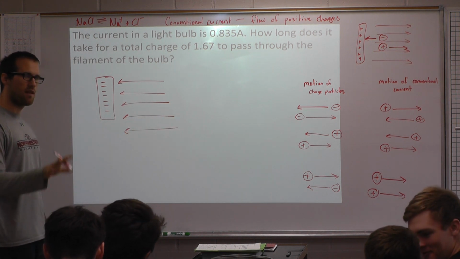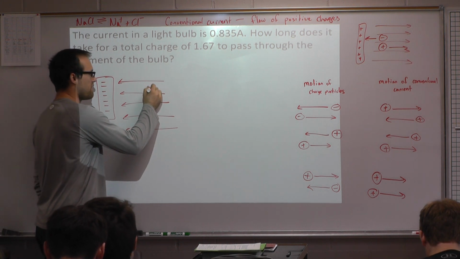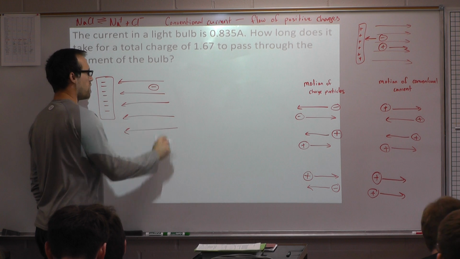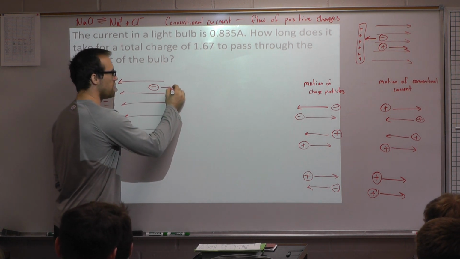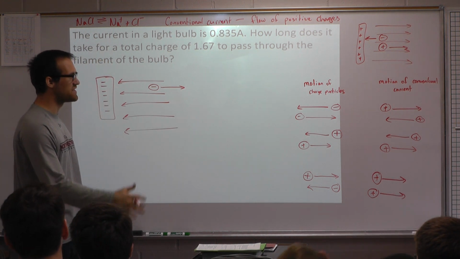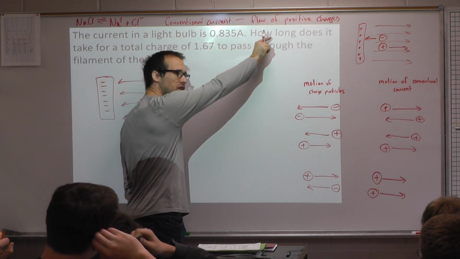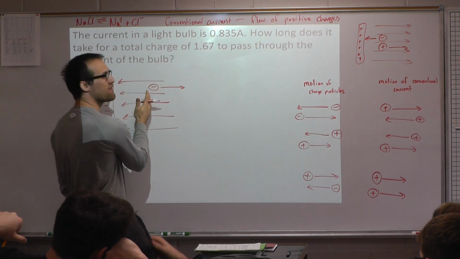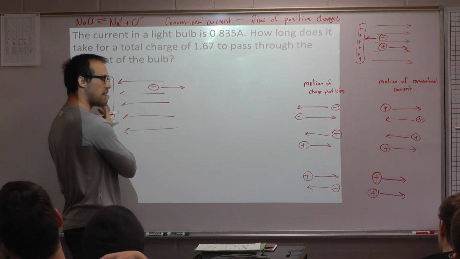Now listen. If I put a negative here, which way will it go? It will go right. What would conventional current go? To the left. Because the definition of conventional current is what a positive charge would do. So if a negative goes this way in this situation, a positive would go to the left.